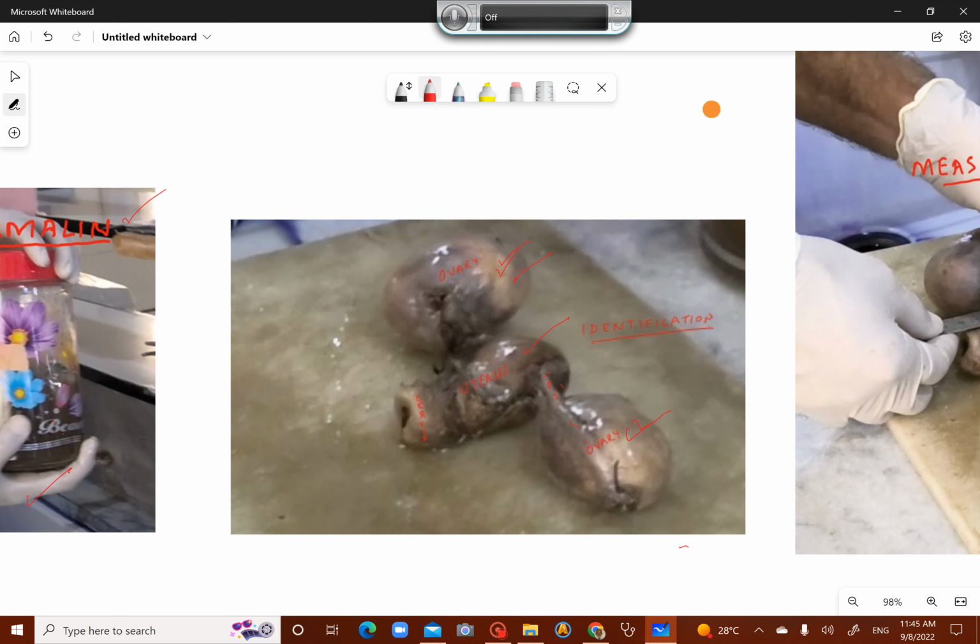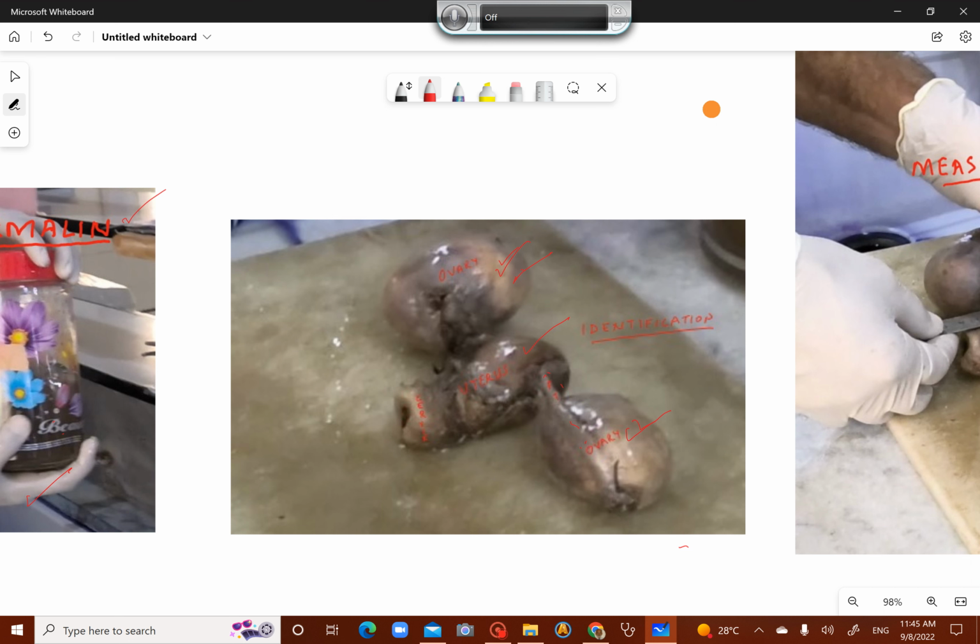What were the imaging techniques? Were X-rays done, radiological images? Was a CT scan done? Was MRI done? Or what other investigations, what lab investigations?